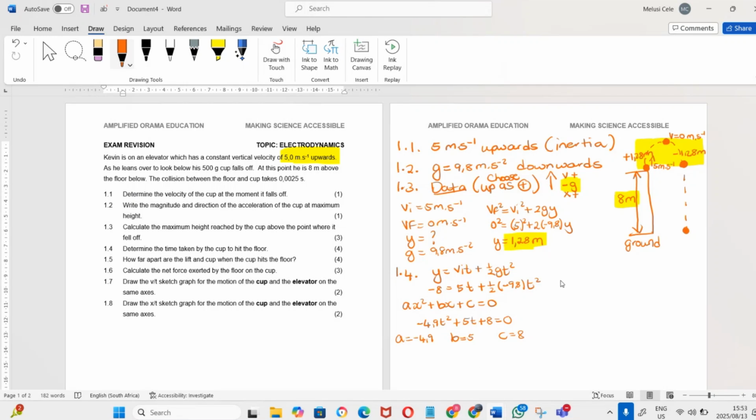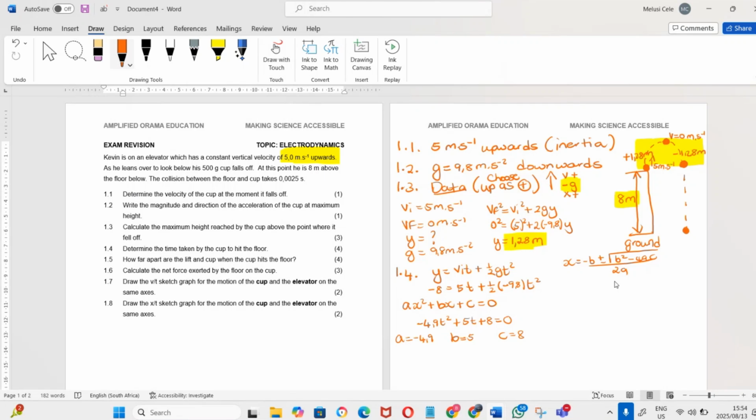Remember, you can solve for that using x equals negative b plus minus the square root of b squared minus 4ac over 2a. It takes forever to do that, so my intention is really not to do that, but to just use the calculator. That's why the calculator is available. We could simply use that and quickly find our answer.